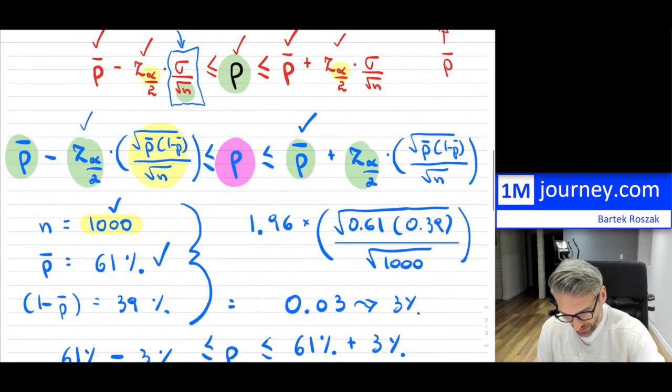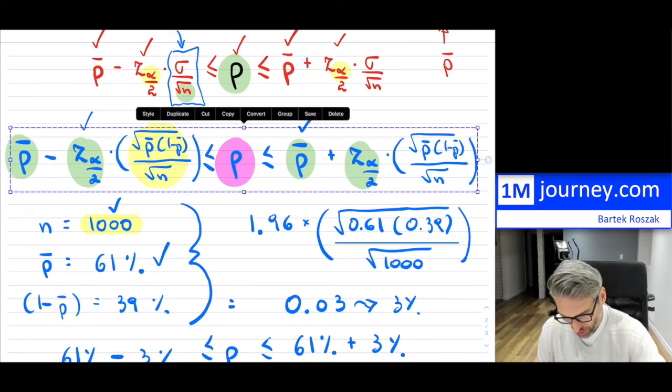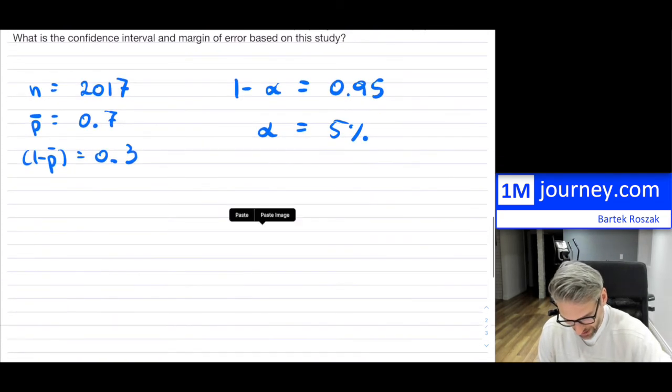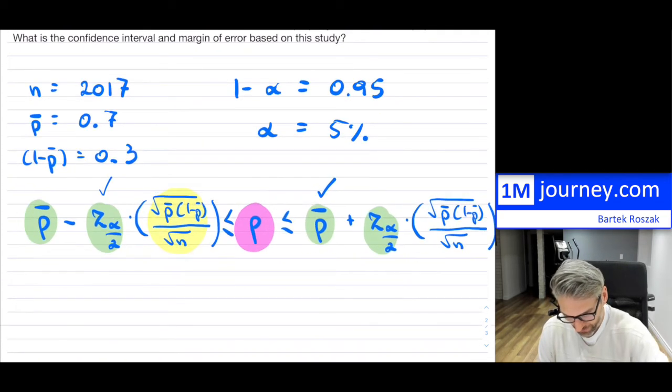Well, if I take this entire thing, let me copy it. Okay, I'm going to bring it down. So first we're going to try to calculate our confidence interval in here. Let me erase some of these things, and then let's substitute all of this in.